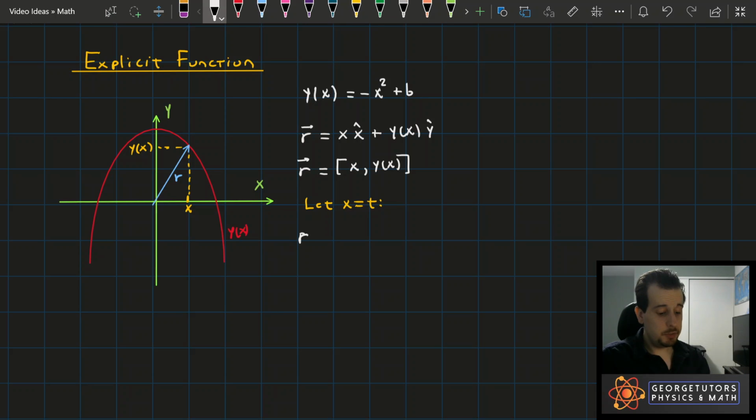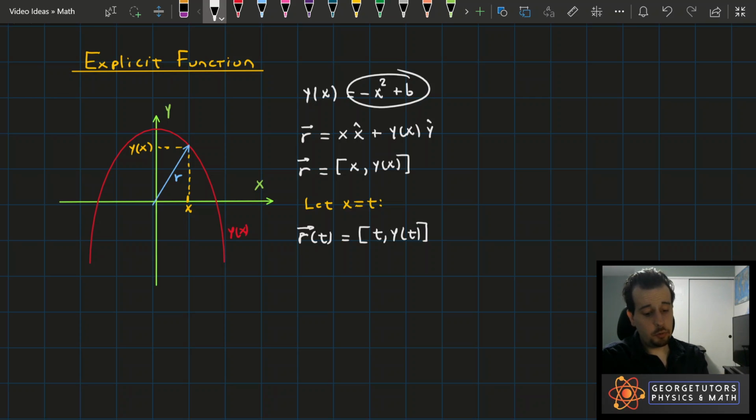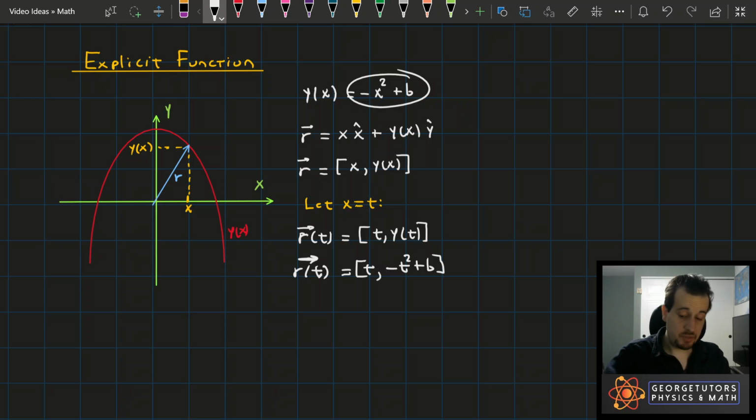And then we get explicitly what r of t is going to be, namely t and then y of t. And y of t, in our little example with a parabola, is the equation in terms of x. If we change x to t, this is nothing more than t comma minus t squared plus b. And that again is the parameterization specifically pertaining to the example that we have on the left in the image.